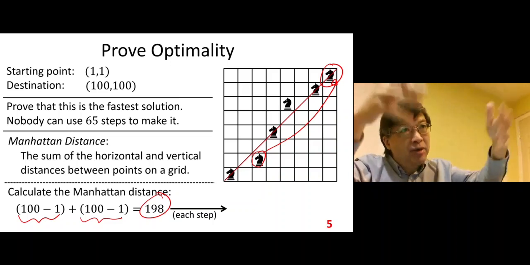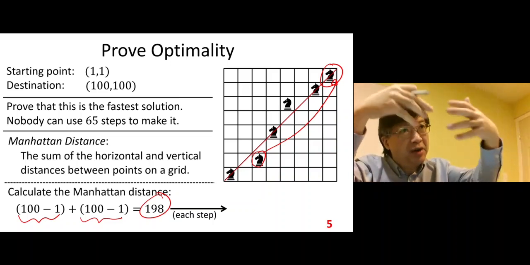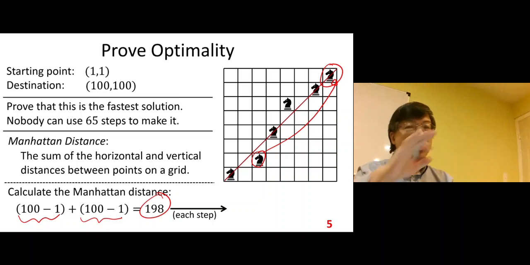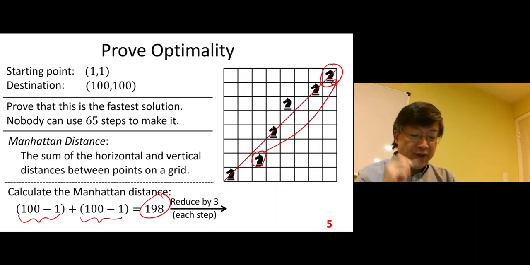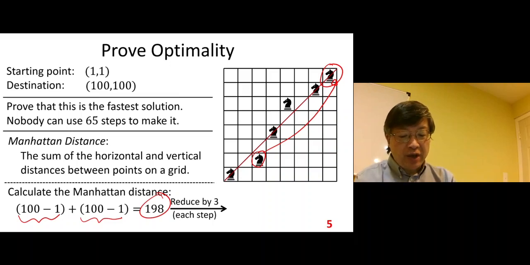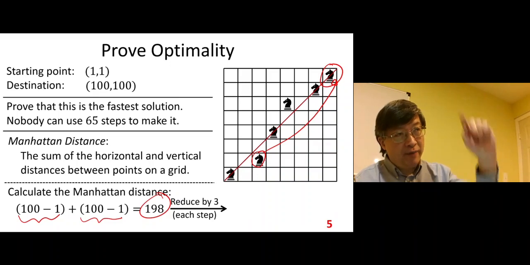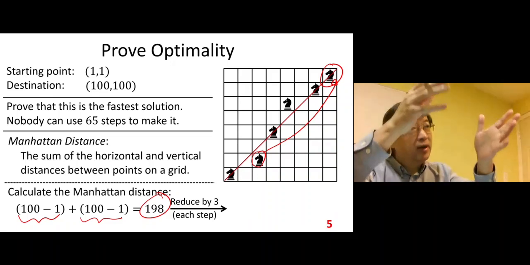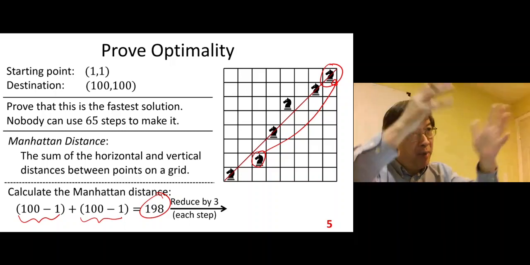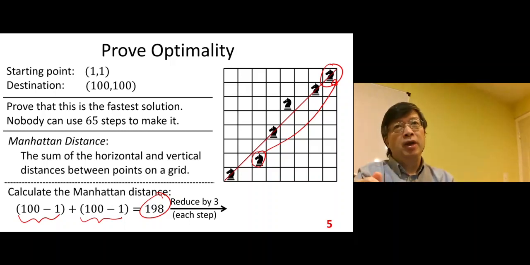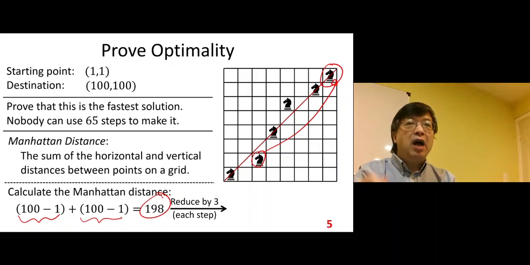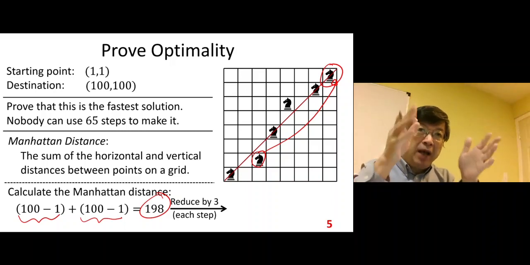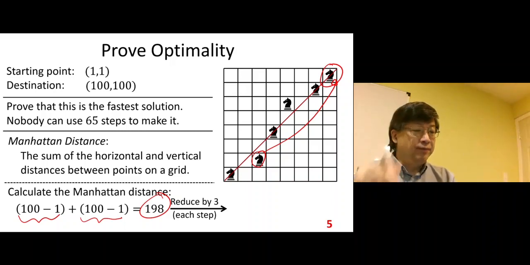But what is the maximum Manhattan distance you can reduce for each move? 3. Horizontally, at the most you reduce 2. Vertically, at the most you reduce 1. Or either way, combining horizontal and vertical, you reduce 3. So every step you can reduce the Manhattan distance by 3.